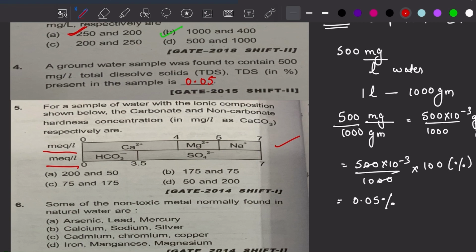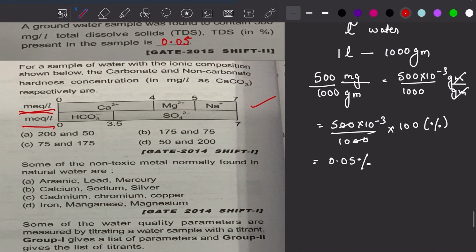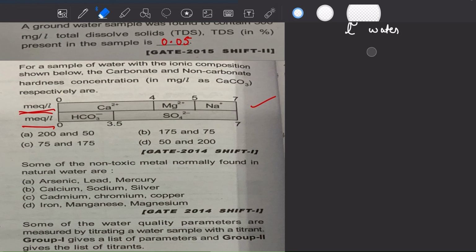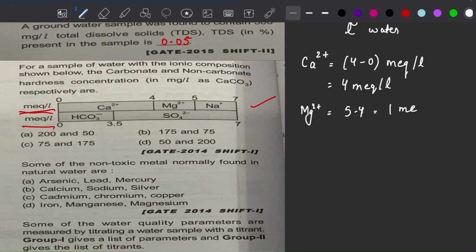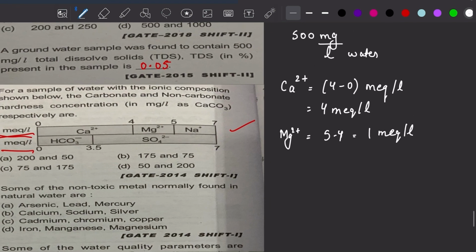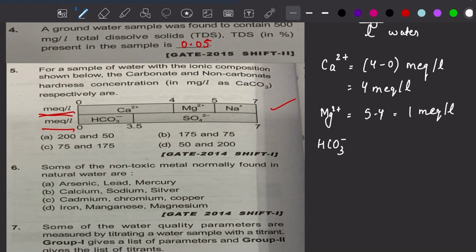Okay, so from this chart we can see that the Ca2 plus ion concentration is 4 minus 0 milli equivalent per liter, that is 4 milli equivalent per liter, and Mg concentration is 5 minus 4, that is 1 milli equivalent per liter, and HCO3 minus concentration is 3.5 minus 0, that is 3.5 milli equivalent per liter.